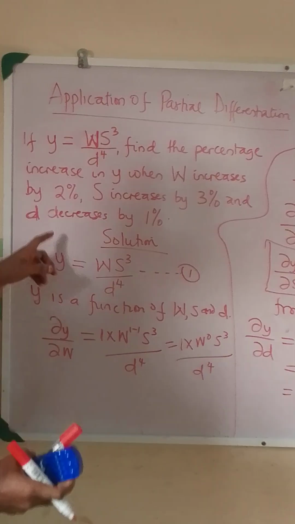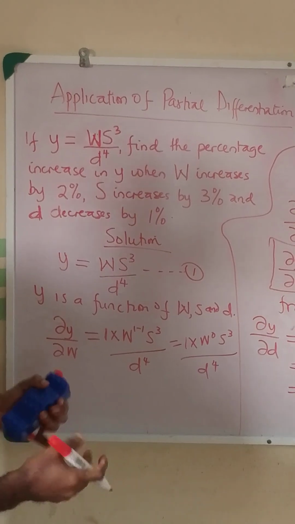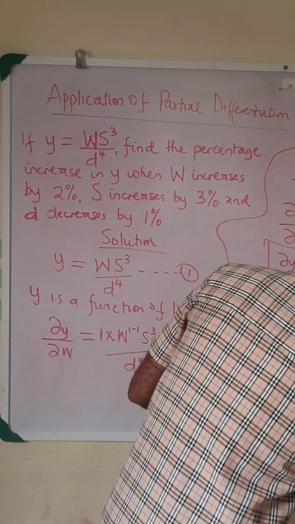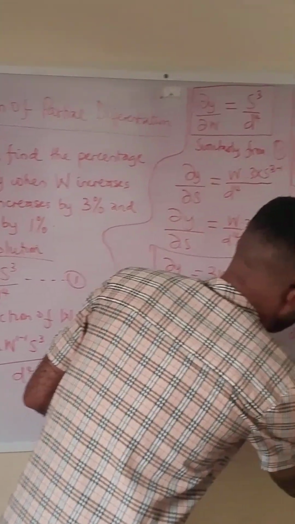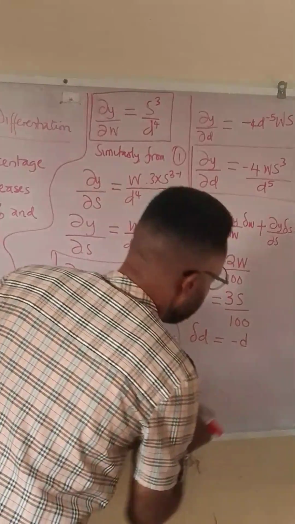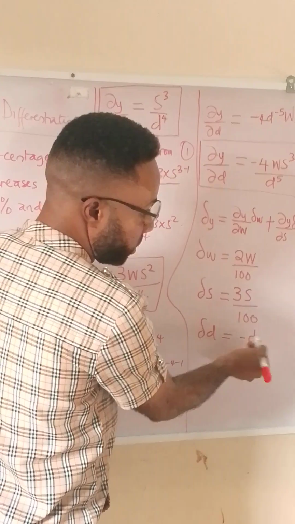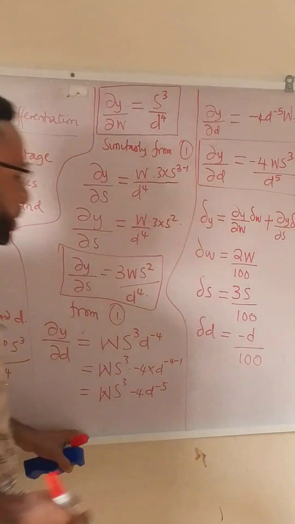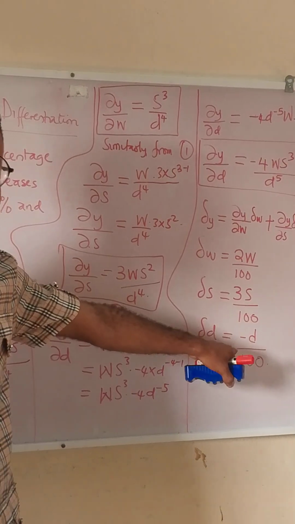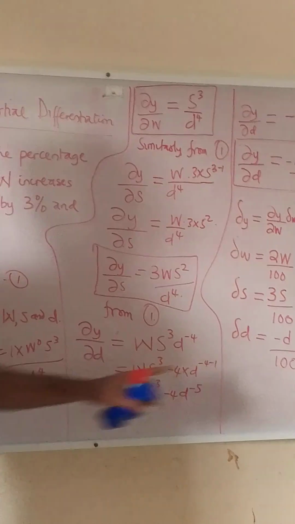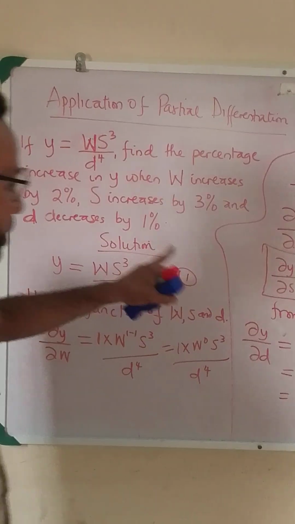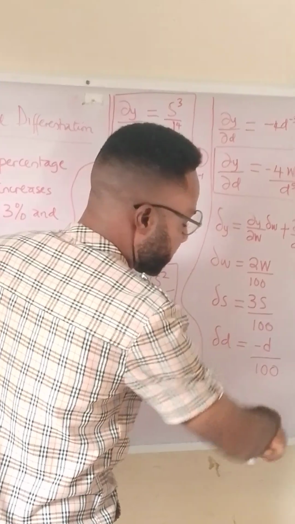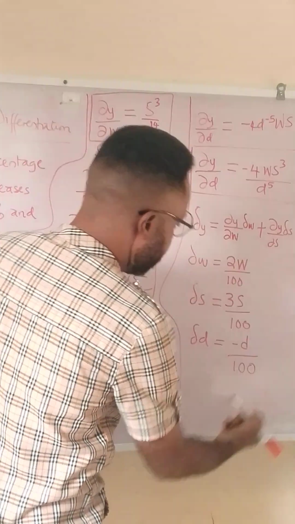Because they said d decreases by 1, it is going to be negative now. So our change in d is equal to minus d, because it's 1. No need writing 1d here, divided by 100. So we are using negative here because we are talking about a decrease in d by 1%. Normally it should have been 1 times d over 100, but 1 times d is the same thing as this, so that's why I'm writing minus d over 100.